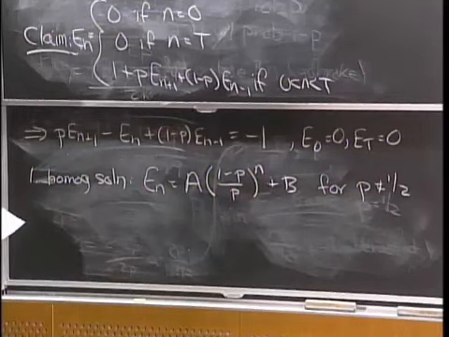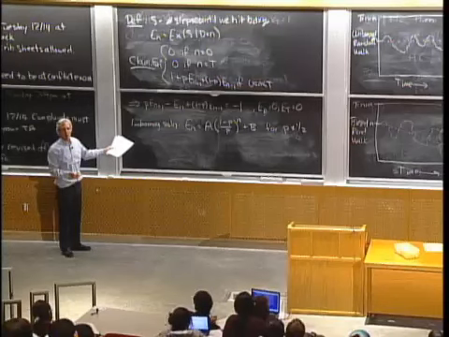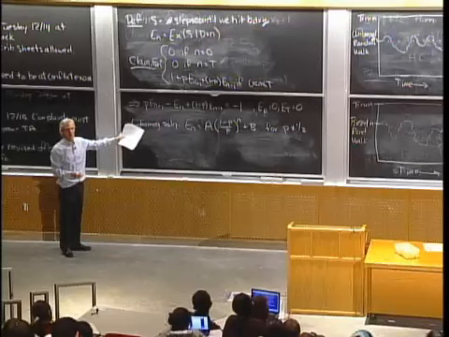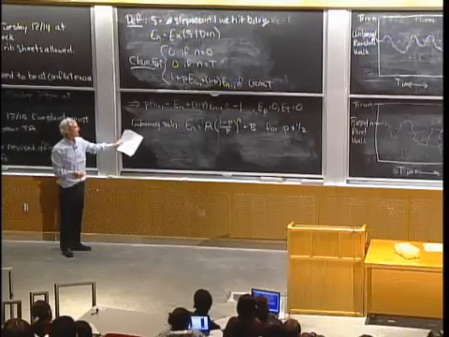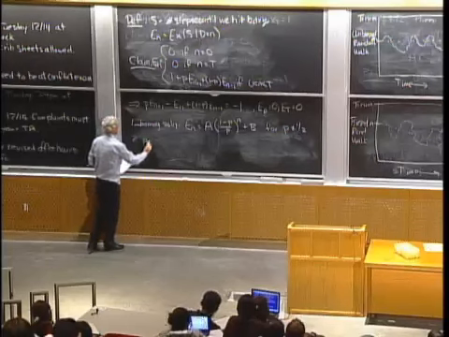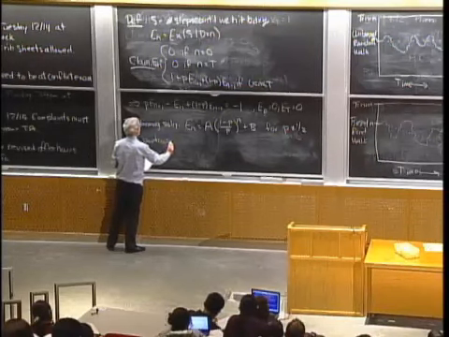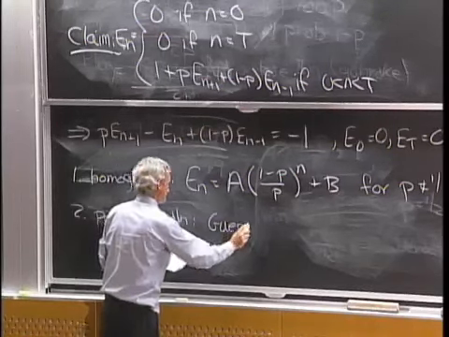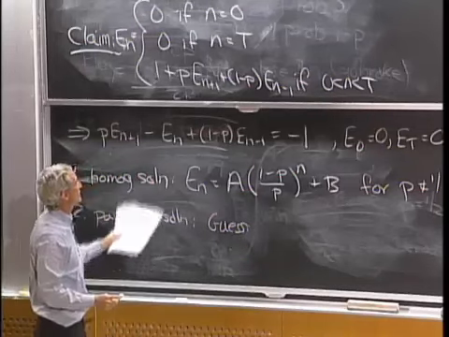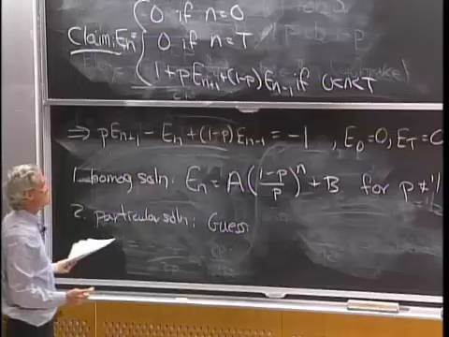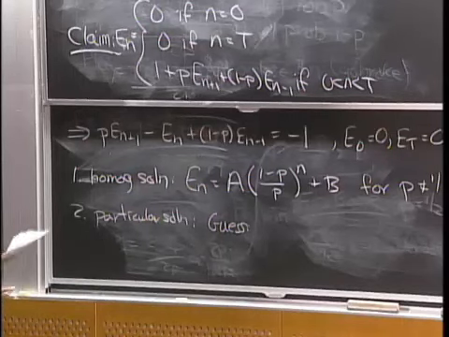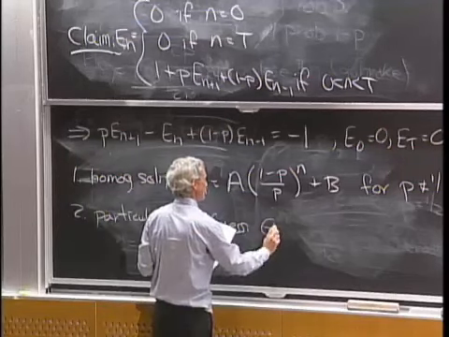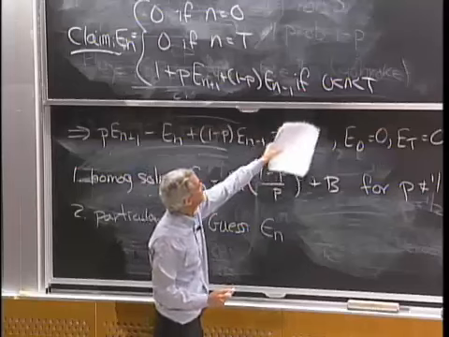What's the next thing you do for inhomogeneous recurrence? Are we plugging in boundary conditions yet? No. So what do I do next? Particular solution. And what's my first guess with a recurrence like this here? What do I guess for E(n)? I'm trying to guess something that looks like that.